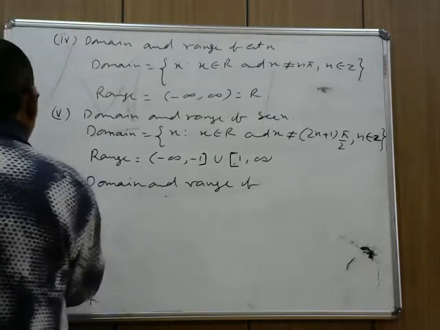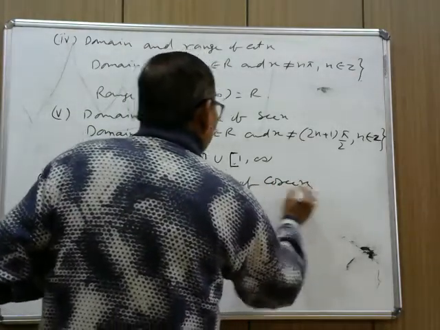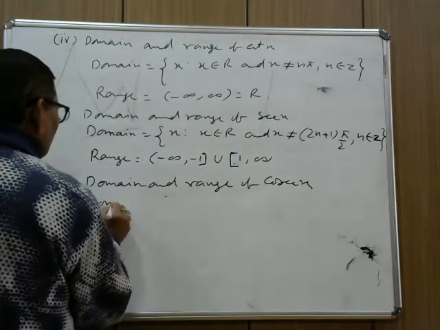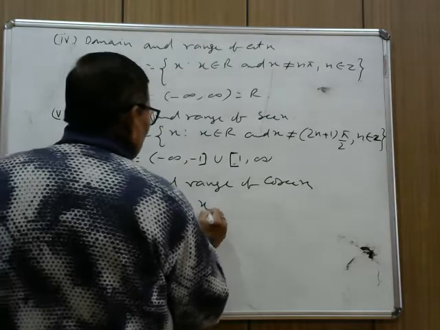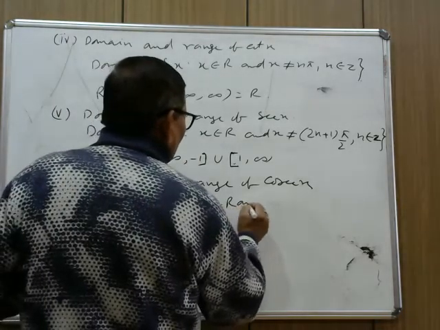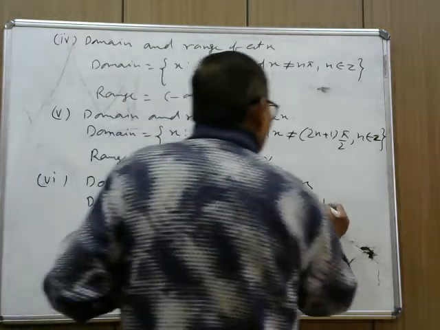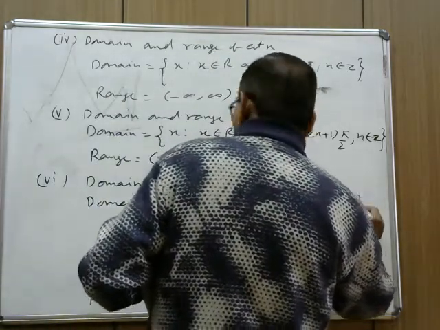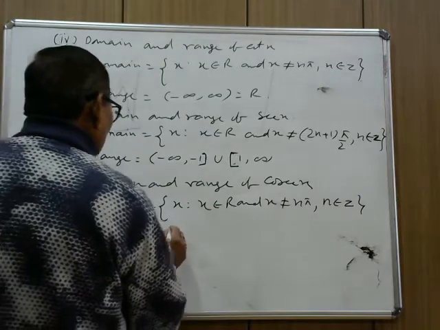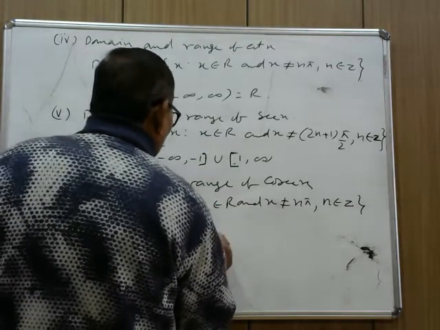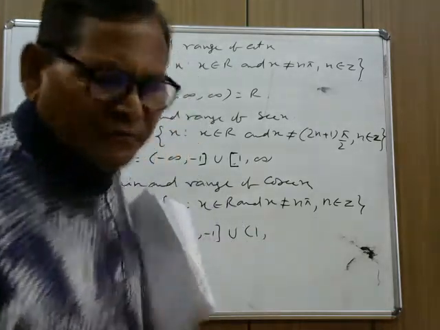Last, sixth, domain and range of cosec x. Your domain is defined as all x such that x belongs to R and x is not equal to n pi, n belongs to Z. Your range is equal to minus infinity to minus 1 union 1 to infinity.